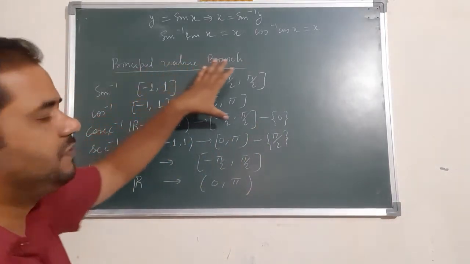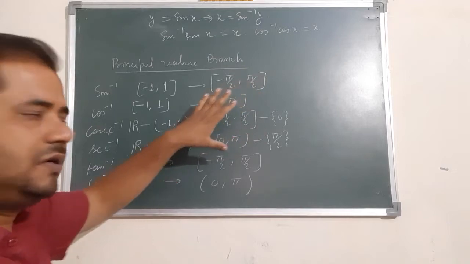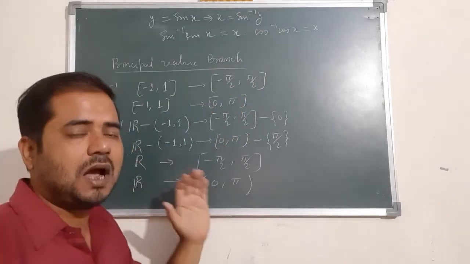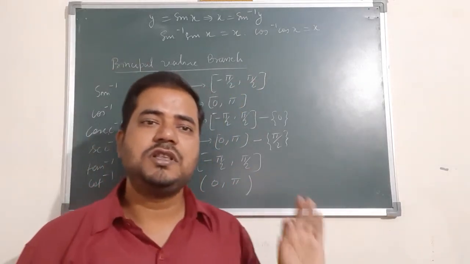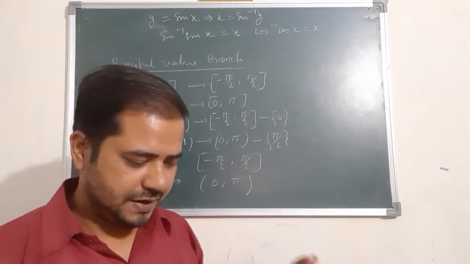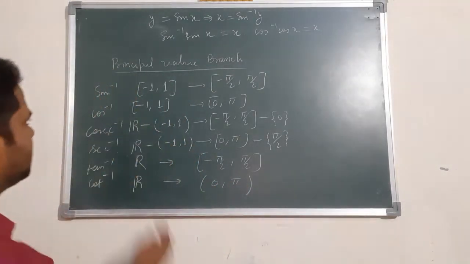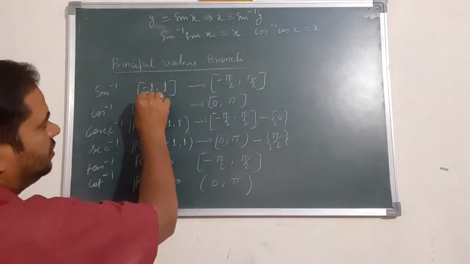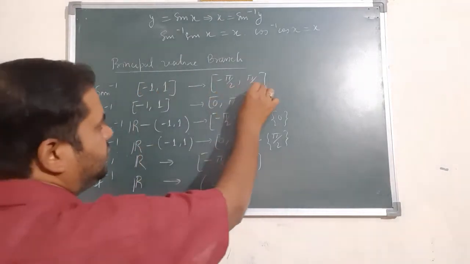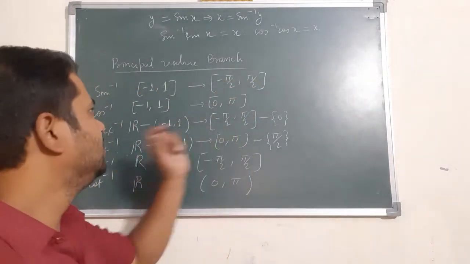This is the principal value branch. Because we need to find the principal value. So what is the principal value branch? Sin inverse always belongs to minus 1 to 1 and minus pi by 2 to pi by 2.